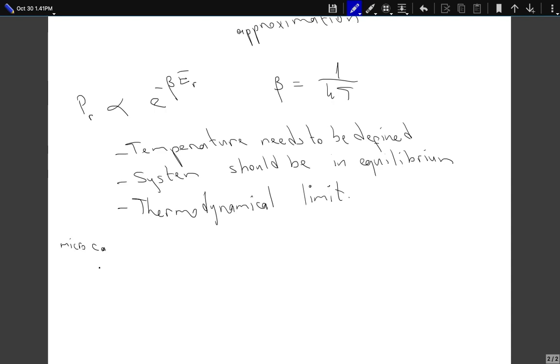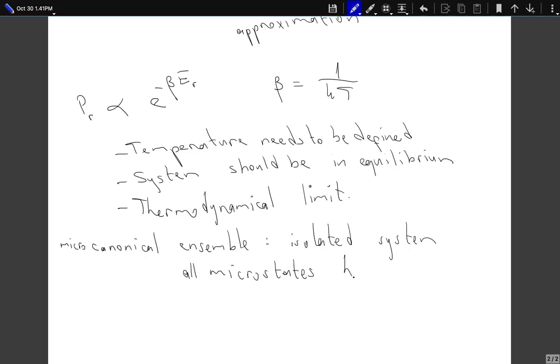You see, we had studied the microcanonical ensemble, which is essentially an isolated system. In this microcanonical ensemble, all microstates have equal probability.